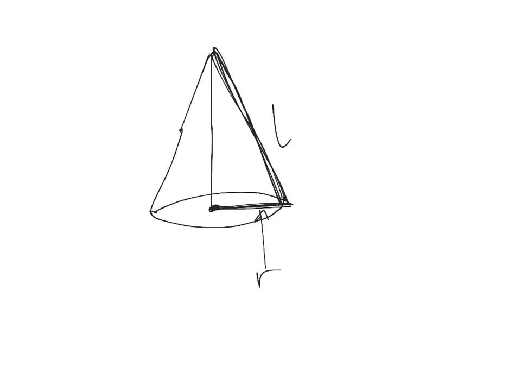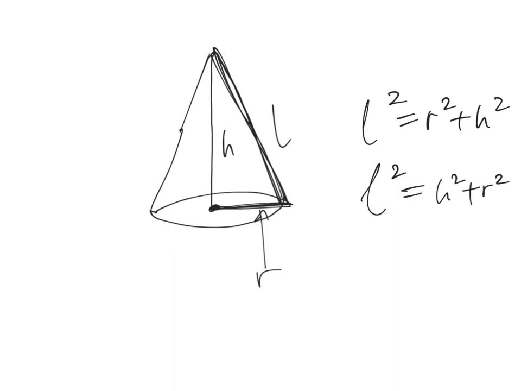You can find L. So L squared would be equal to R squared plus H squared, or you can write it as L squared is equal to H squared plus R squared. The order of these does not matter. Remember the commutative property of addition. That's very important to keep in mind. So we can find the slant height that way. You've been given the volume formula, and you can use that to solve the problems for the cone.